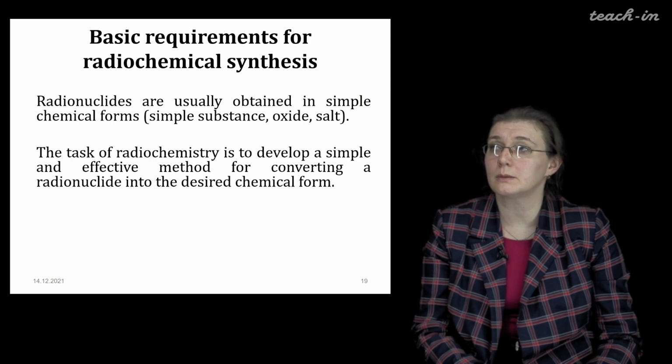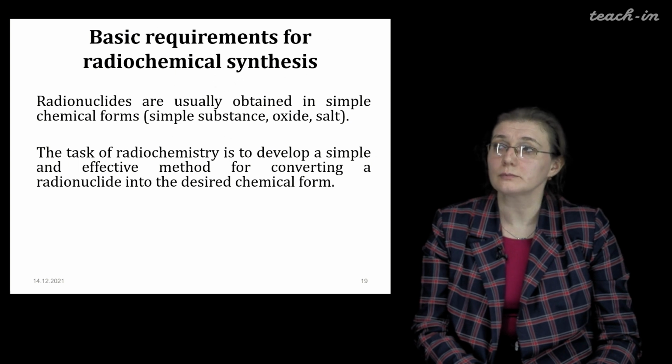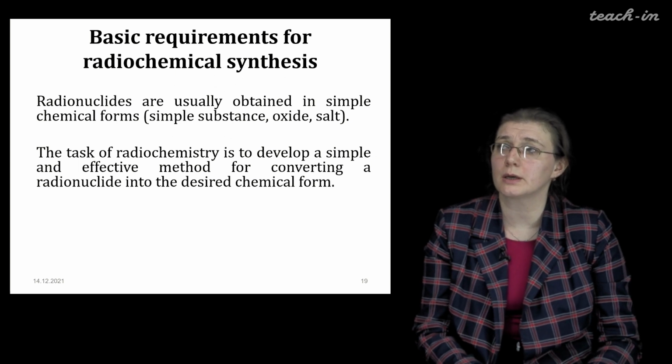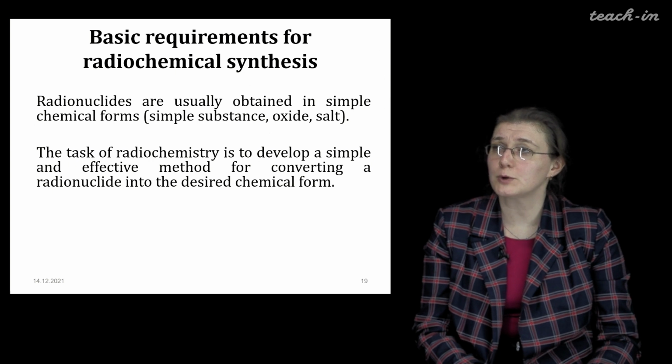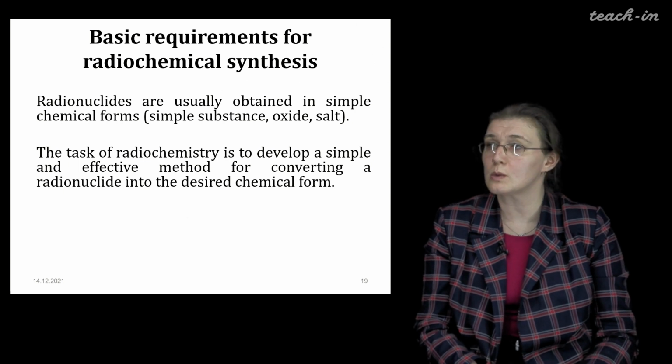So there are some requirements for radiochemical synthesis. The first one is that radionuclides are usually obtained in a simple chemical form. For example, a simple substance, oxide or salt.